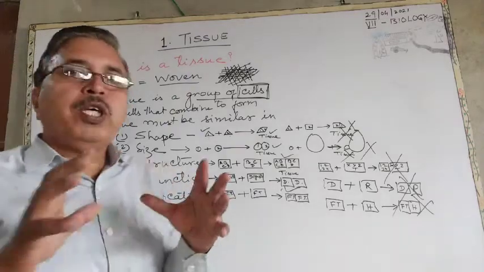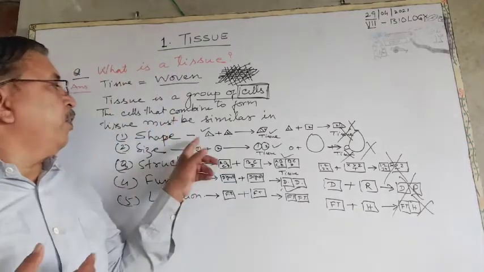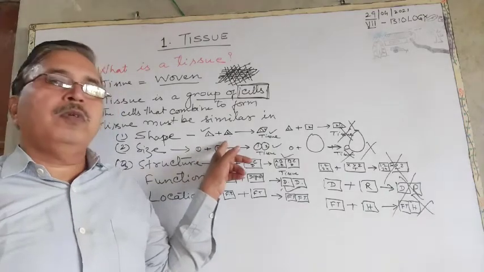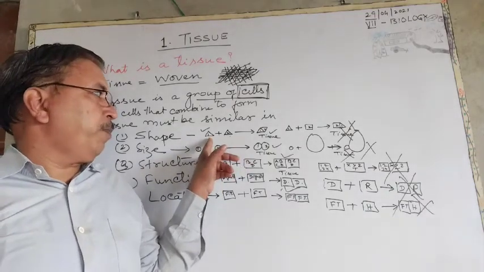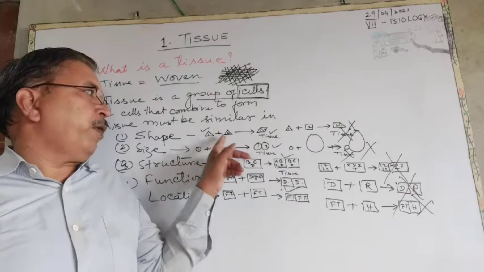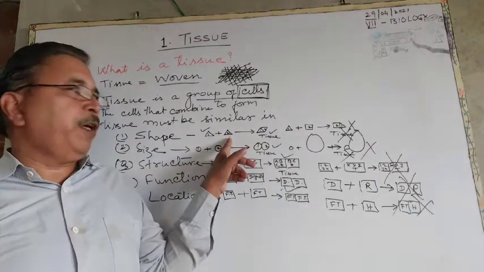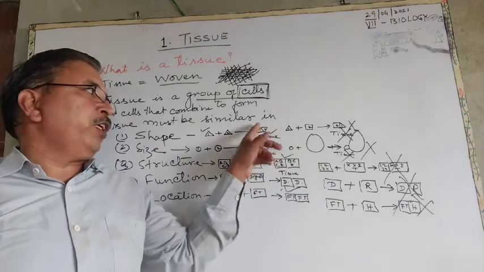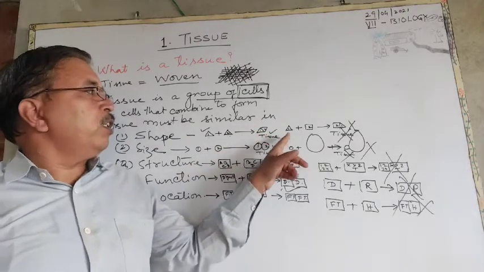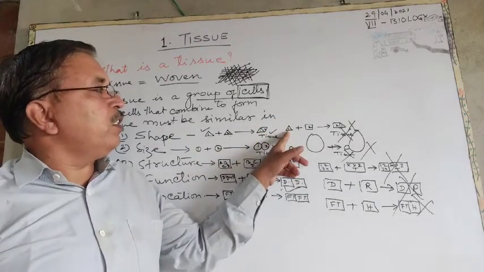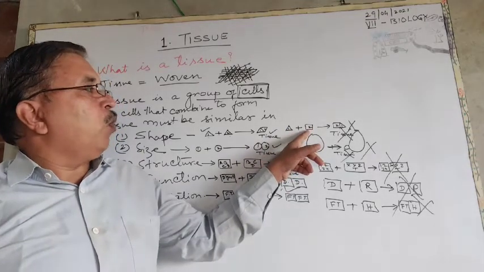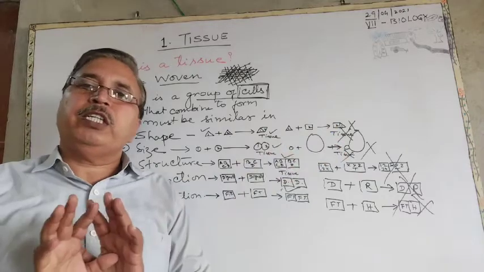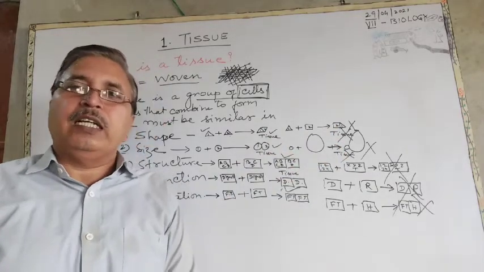Shape means how they look. Here I have taken the example of a triangular shape. So one triangular-shaped cell combined with another triangular shape gives rise to a tissue. This type of combination may be called a tissue. But if one cell is triangular in shape and the other is quadrilateral or square in shape, this type of possibility is not seen, right?